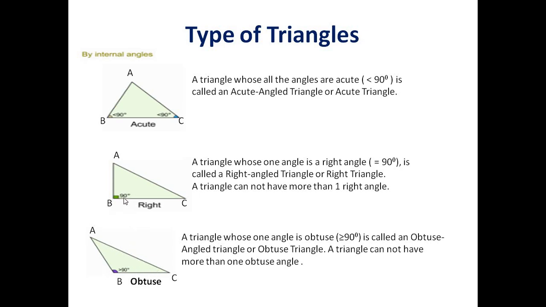That's the reason. If you have one angle of 90 degrees and another also 90 degrees, then 90 plus 90 is obviously 180. That means the third angle should be 0, then it won't form a triangle. That's the reason there should not be more than one right angle, and not more than one obtuse angle.